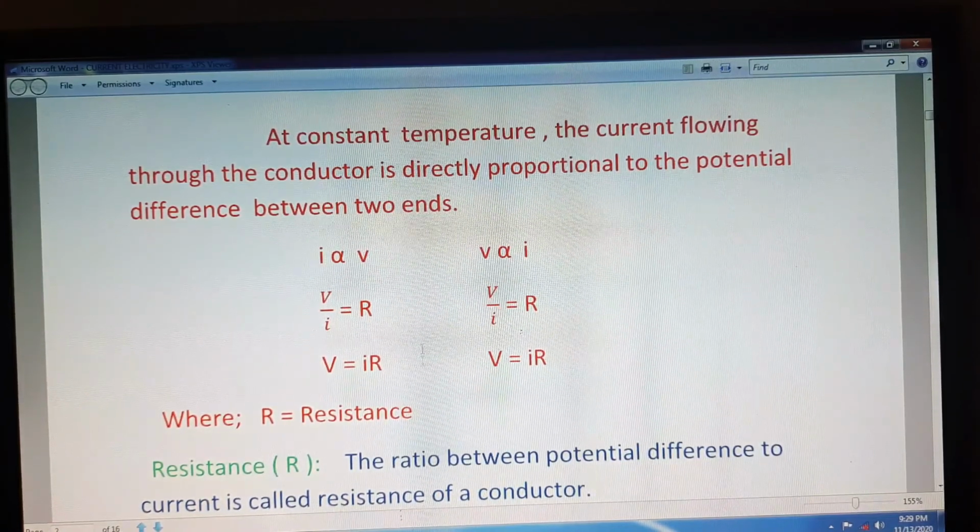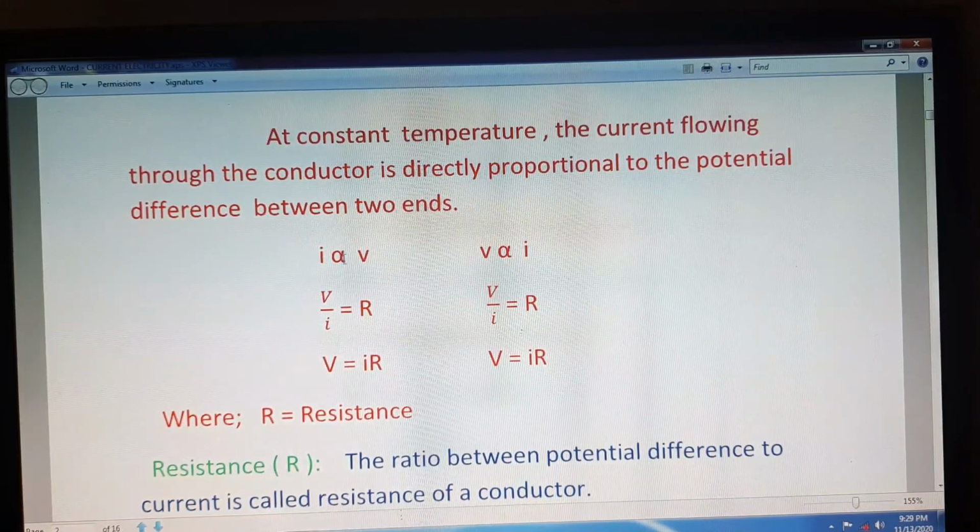We can take any relation. First, I proportional to V: electric current is directly proportional to potential difference at constant temperature in a conductor, which is called Ohm's law. We can eliminate the proportionality, means we can equate the equation: V by I is equal to R, where R is the proportionality constant.